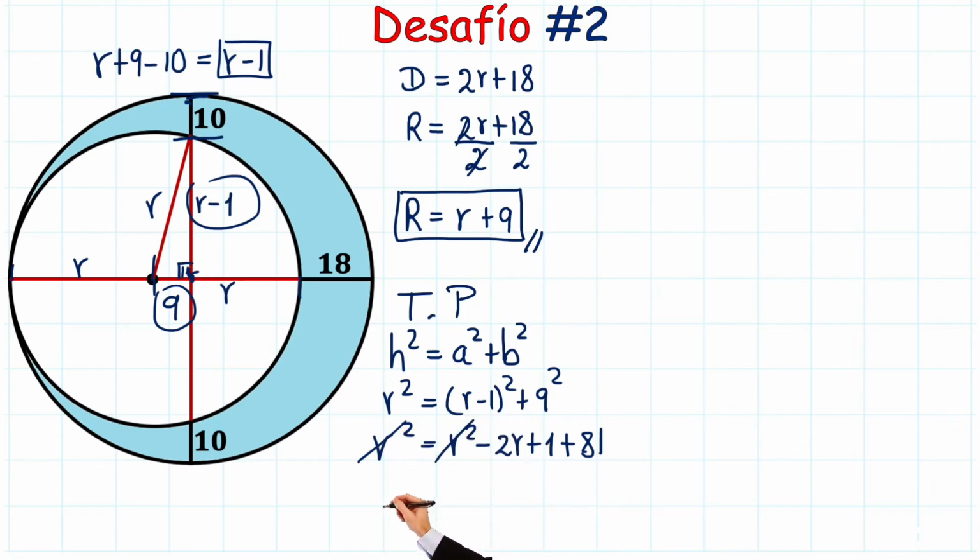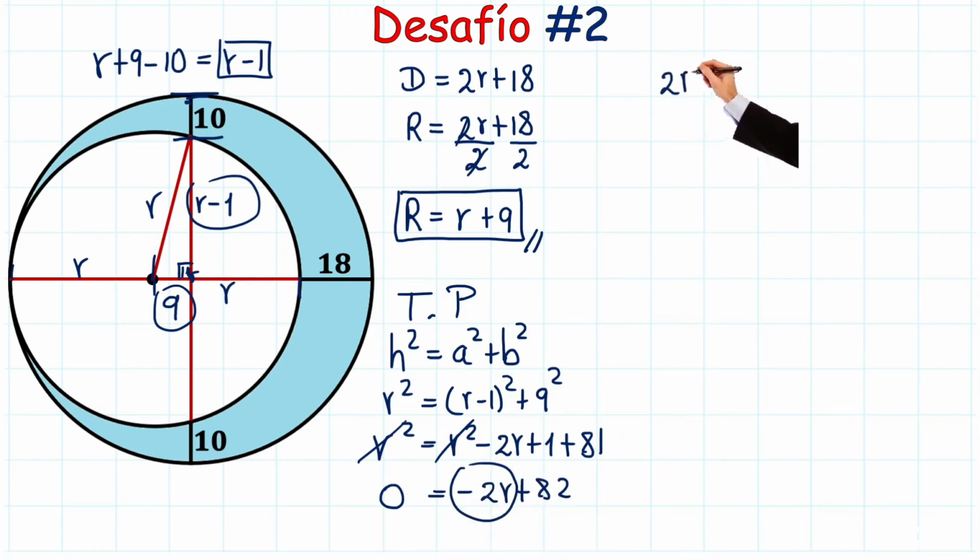Goodbye, r squared. What do we have left? We have 0 equals minus 2r plus 1 plus 81. Let's just get this done right away. So 81 plus 1 is 82. Excellent. Let's move this negative 2r to the left side. And we have 2r equals 82.